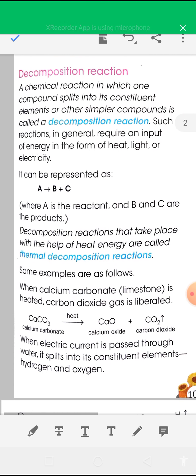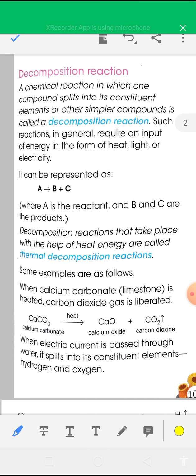Okay, the next type of chemical reaction is decomposition reaction. Decomposition reaction is just the opposite of combination reaction. In this reaction, a single substance, a single reactant, splits into its constituent elements or other simpler compounds.